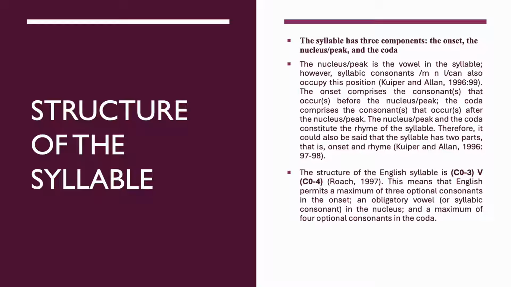So the only obligatory element in this formula is the vowel sound. That is, it can be alone, but the consonant sounds cannot stand alone. So it means that you can have 1, 2, 3 consonants before a vowel, and 1 to 4 consonants after a vowel.